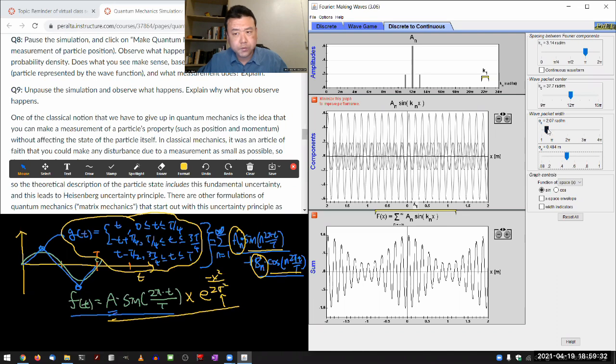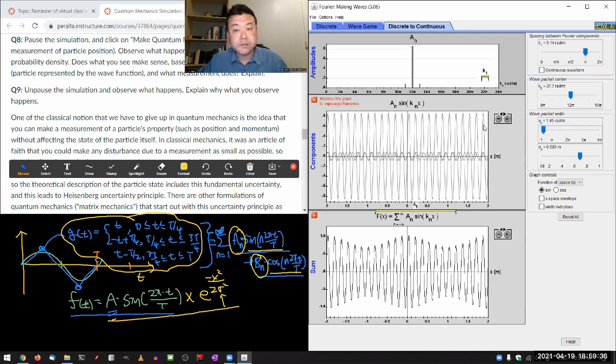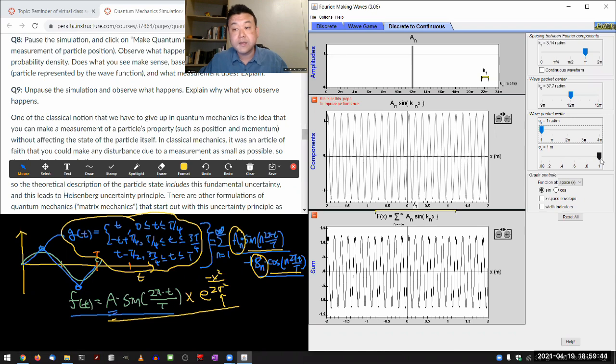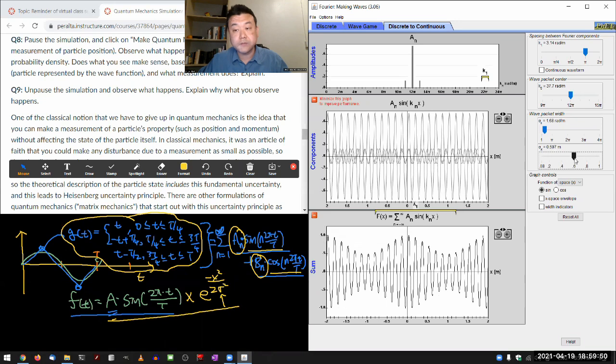You might have noticed that when I moved this knob earlier, when I tried to make sure that I had only a single component of sinusoidal wave, this sigma x went all the way to the other side. And as I try to localize the particle, as I try to make the position within a limited space, this knob actually starts moving back.